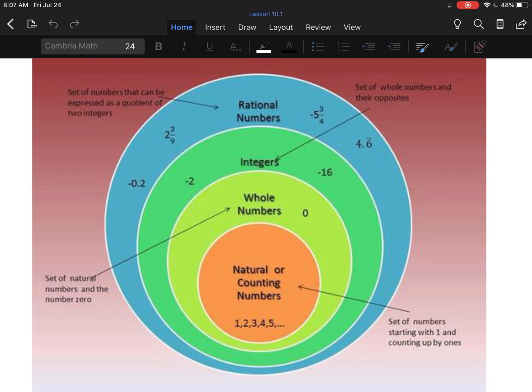Because 0 is special. It's a whole number that's not natural. It is also an integer, and it's also rational. I then ask, are you negative, but with no fraction or decimal? If you are, then you're an integer, as well as rational. And like I said, this year, everything is rational.